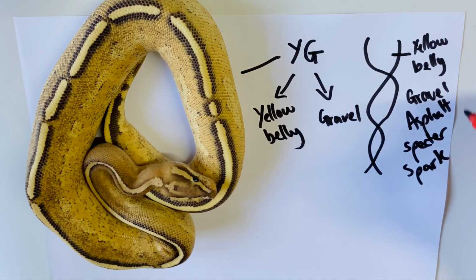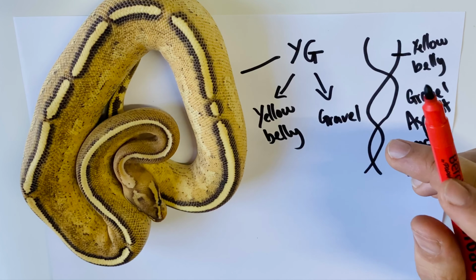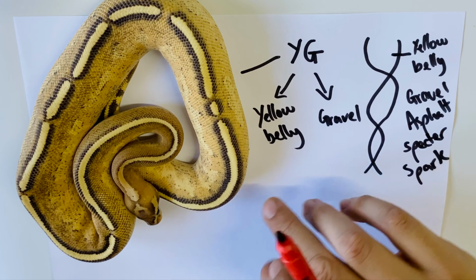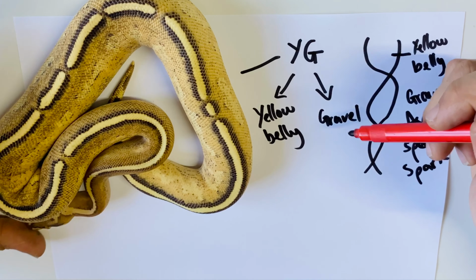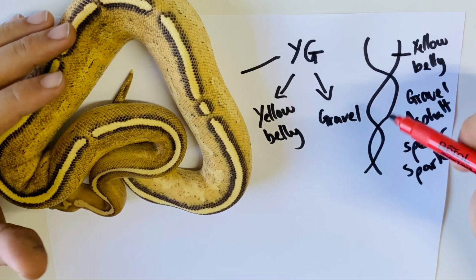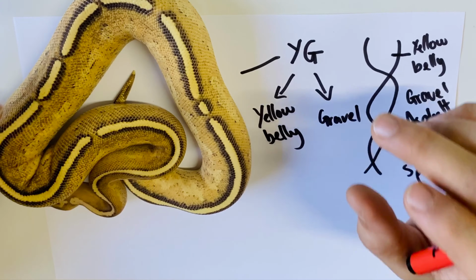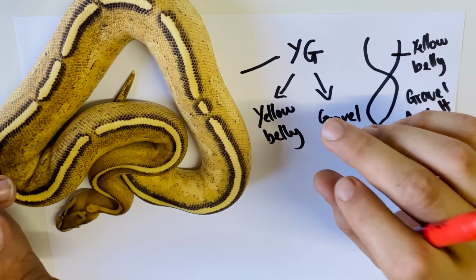Okay, but this is a complex which is very peculiar and very difficult to work with if you don't breed it to the correct animal. And that is because yellow belly and gravel on their own visually look the same.